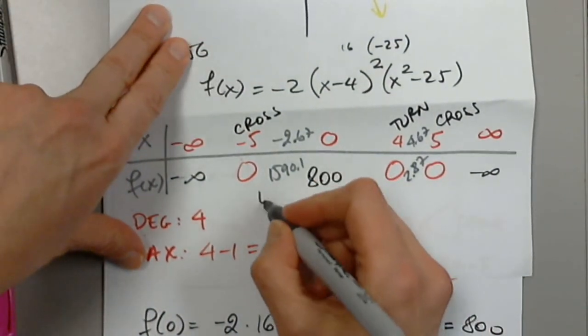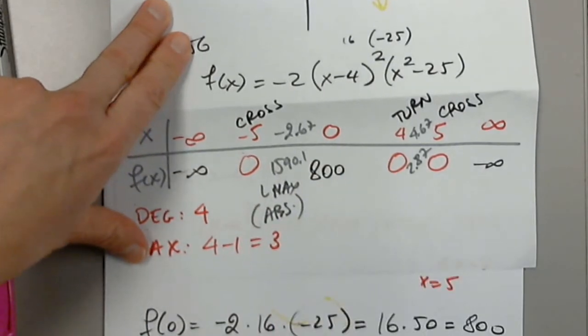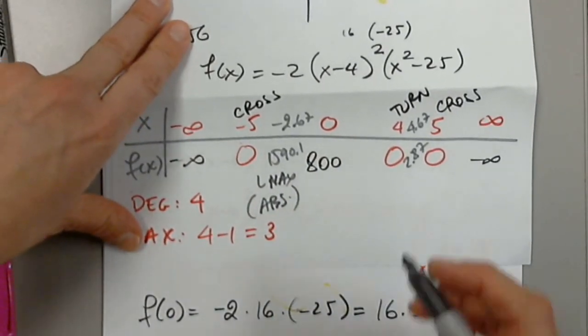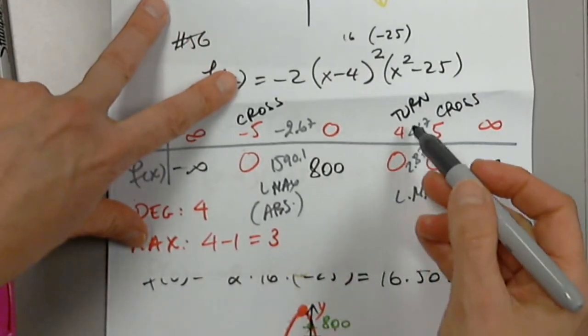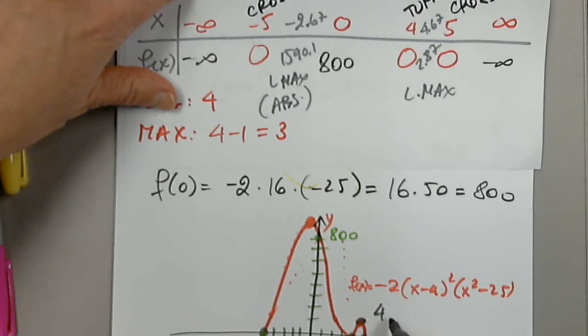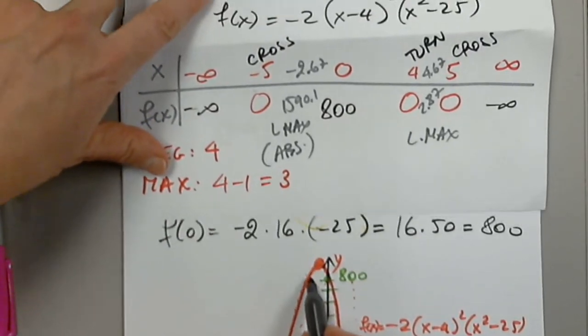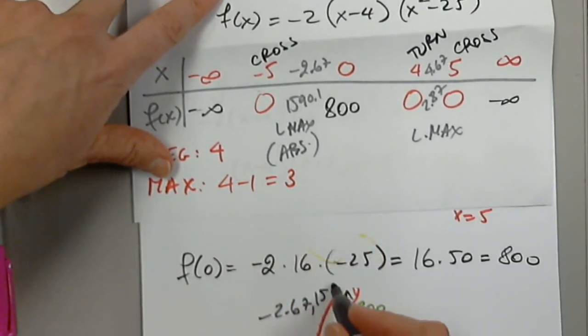So this is the local max and also absolute. There is no other value higher than it. And this is the local max as well. The local min is clear. So this point is 4.67, 2.87. And this one up here is -2.67, 1590.1.